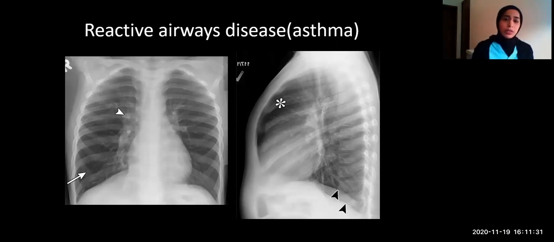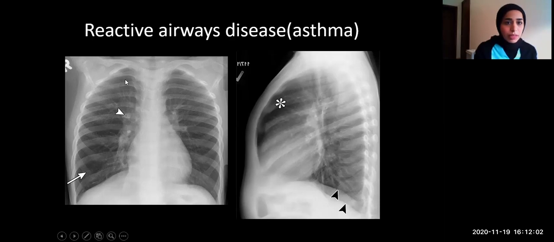For this radiograph of an asthmatic patient, what I want to highlight is that as a general practitioner, pediatrician, or even radiologist, you should easily identify the hyperinflation of the lungs. In the pediatric age group, more than 6 ribs anteriorly is considered hyperinflated lungs. So let me count here. This is the first, which should not be missed.